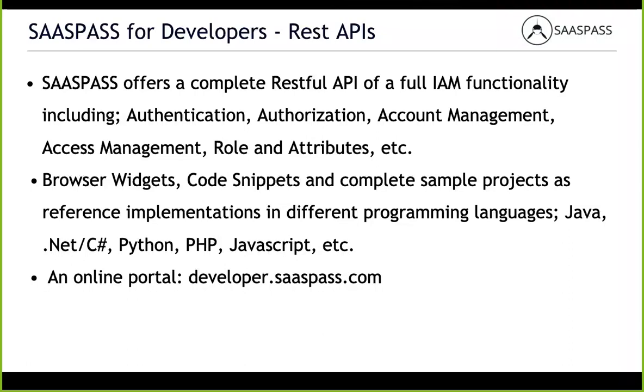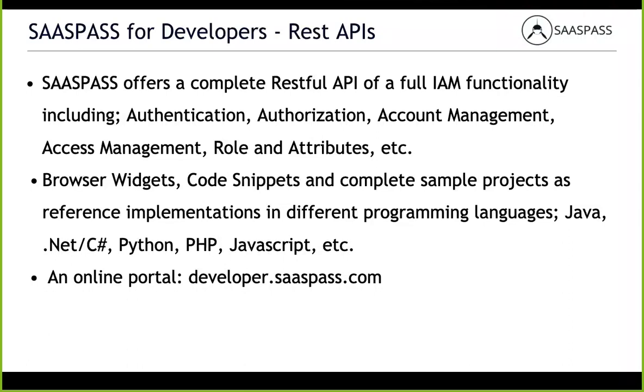When you add a custom application, you will get a step-by-step guide on how to integrate it, and also a reference to the website we mentioned, developer.saaspass.com. In addition, you will find the configuration and the parameters, the keys and secret keys that you can use to do the security handshaking between your application and SAASPASS.